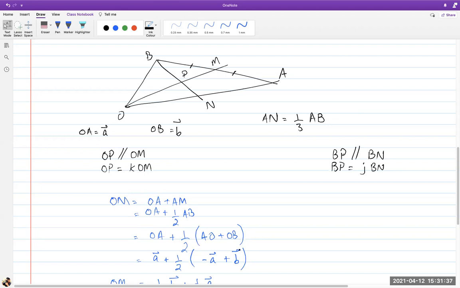Similarly, going from A to M is same as going halfway to A to B. Yes, sir. And going from A to B, I don't have a direct path, but I do know that I can just go from A to O, then O to B. Right? So I'm just trying to figure a way in terms of OA and AB.